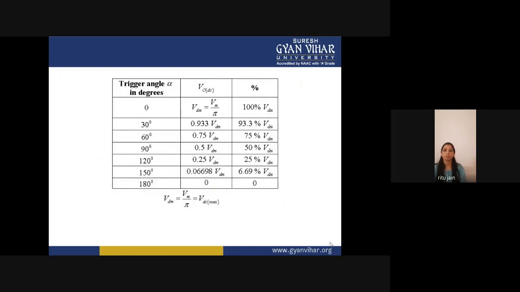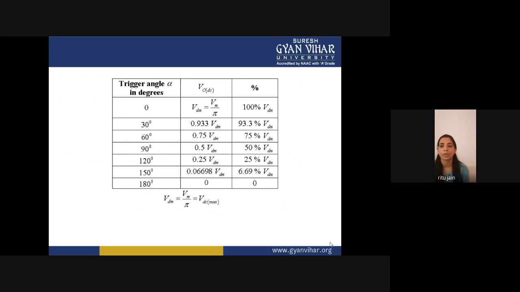Now, if you take an angle of 30 degrees, you will get an output DC voltage which is 93.3% of your input voltage. If you take alpha equal to 60 degrees, you will get 0.75 Vm, meaning the output voltage will be 75% of your input voltage.